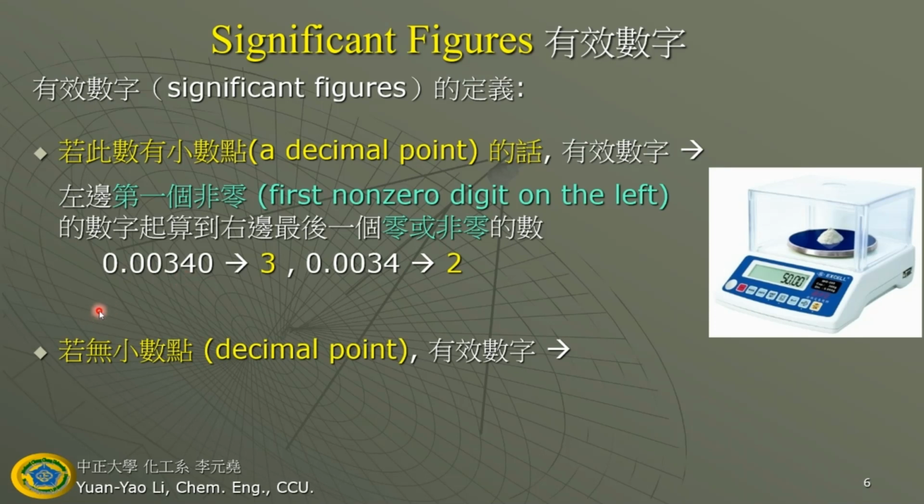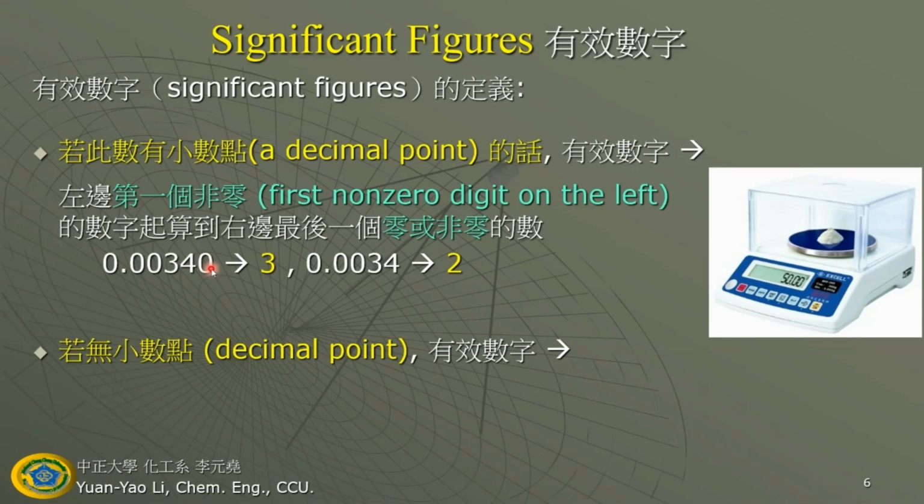Okay, so let's think of it this way: 0.00340. How many significant figures? From the first non-zero digit on the left, count from here. This is 0, skip, 0, skip, 0, skip. Wow, this is the first non-zero digit. We start to count. 1, 2. Can you count this?